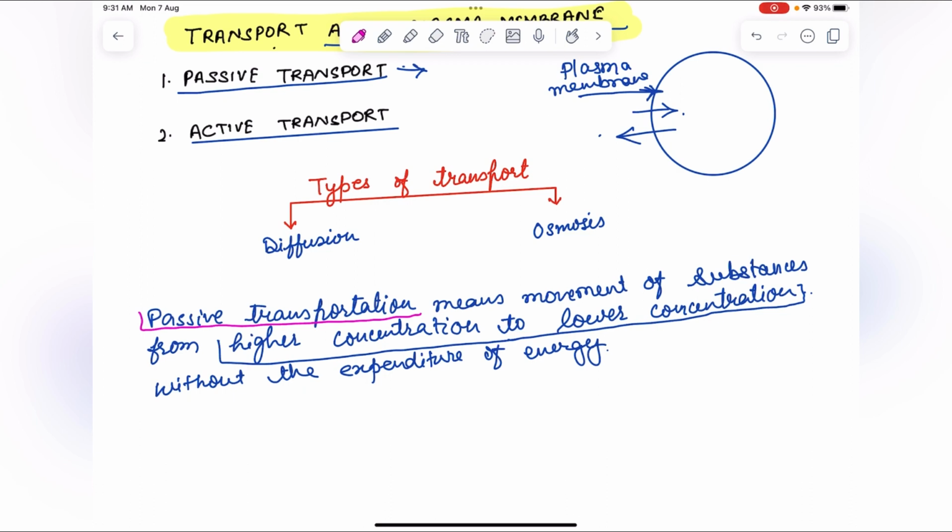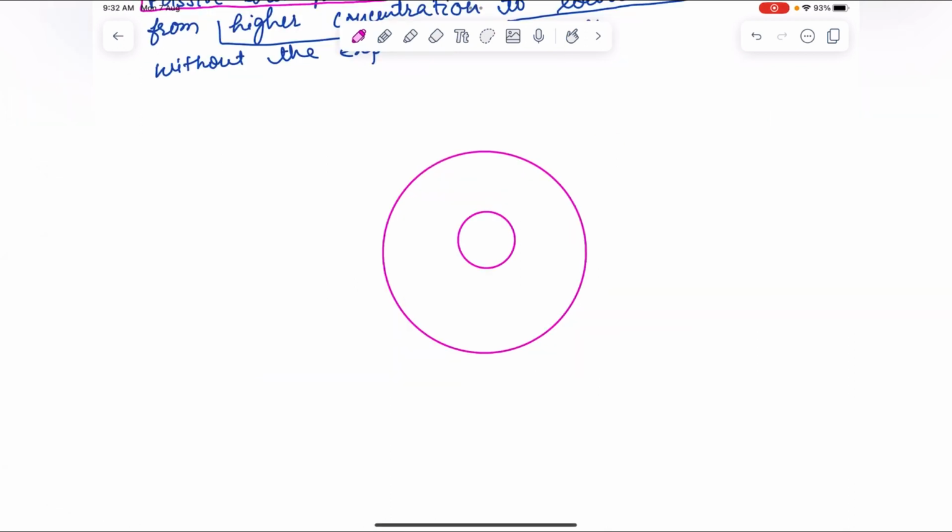If more molecules are present inside the cell than in the outer environment, then the movement will be outside, from higher concentration to lower concentration.